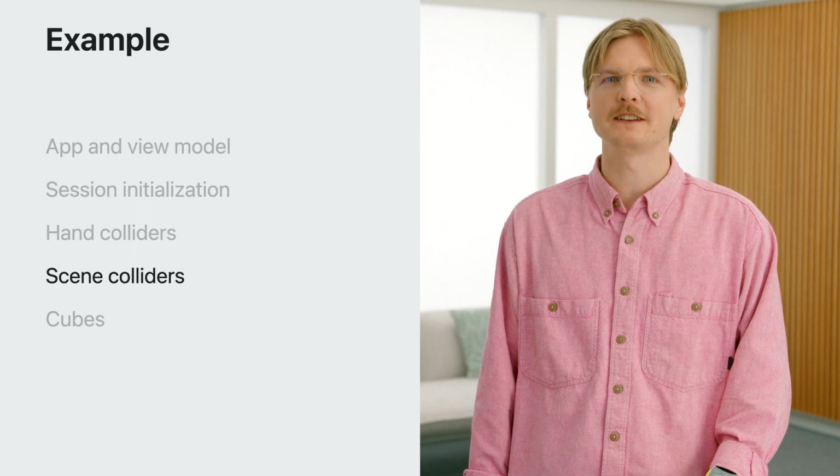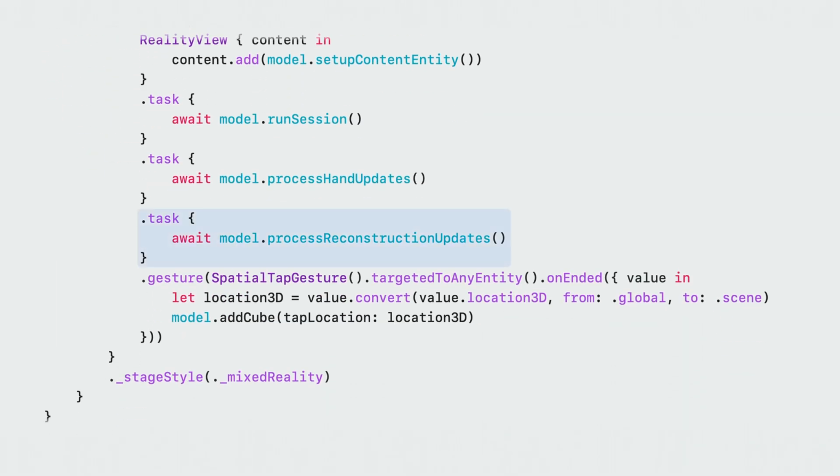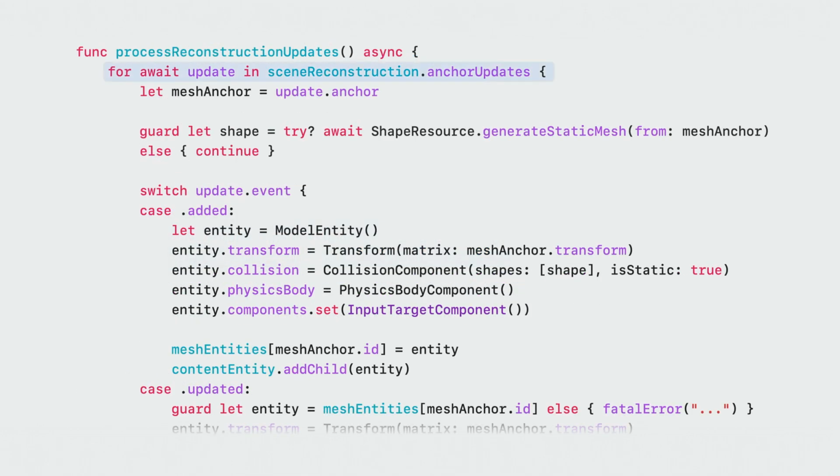We'll use these for physics and as gesture targets. Here's the task that calls the function on our model. We iterate over the async sequence of anchor updates on the provider. Attempt to generate a shape resource from the mesh anchor, then switch on the anchor updates event. If we're adding an anchor, we create a new entity, set its transform, add a collision and physics body component, then add an input target component so that this collider can be a target for gestures.